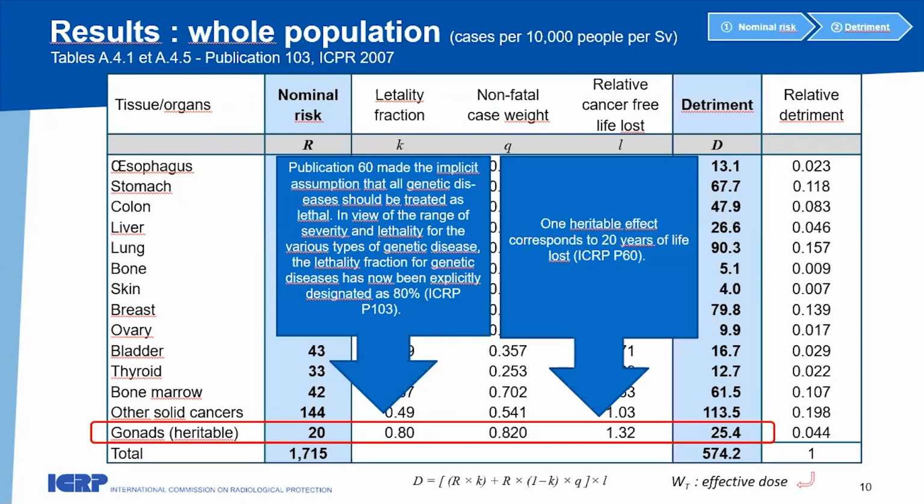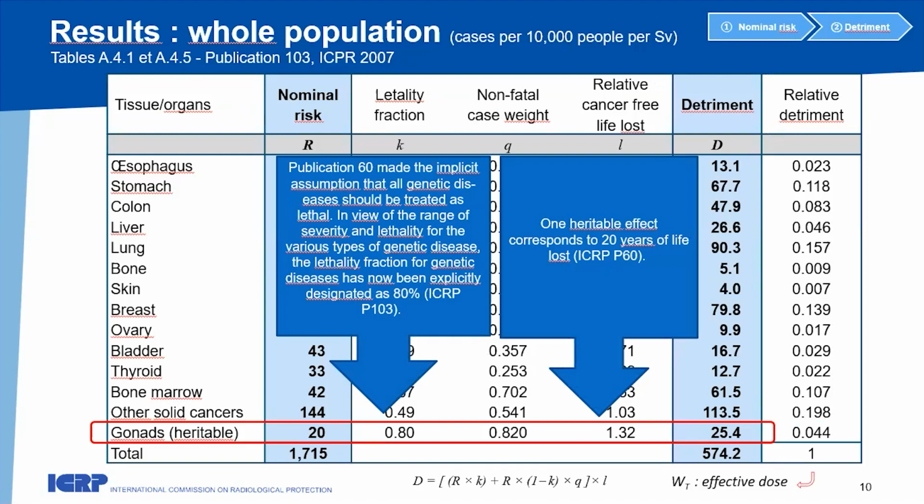Yesterday I sent the question to two experts, Enora Clero and Ludovic Vaillant. What we discussed yesterday was that the calculation of heritable effect that has been done by UNSCEAR and integrated in the publication 103 is that the result is finally 20. It means 20 cases per 10,000 people.